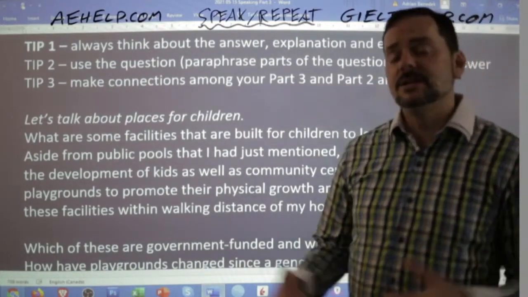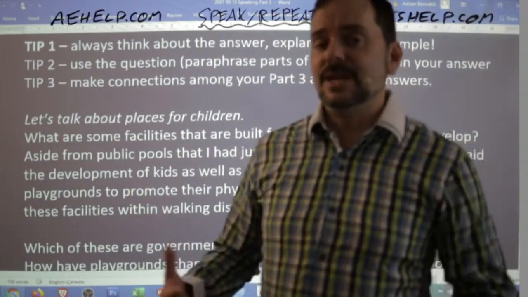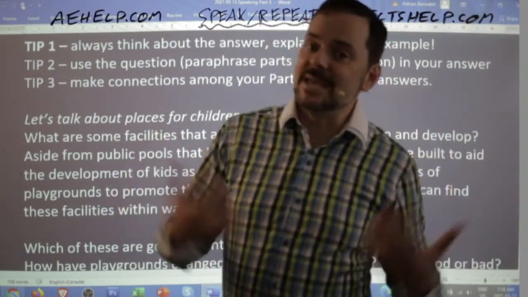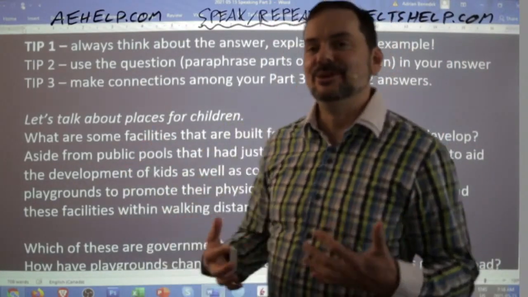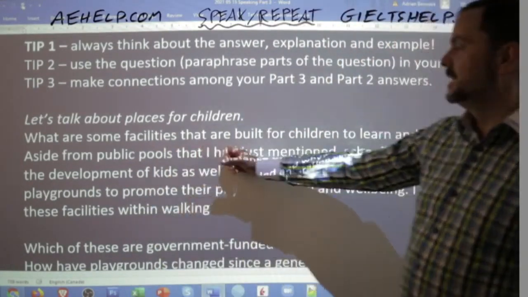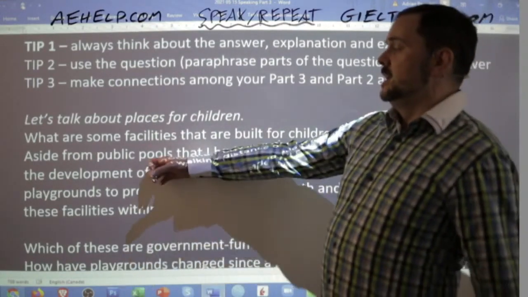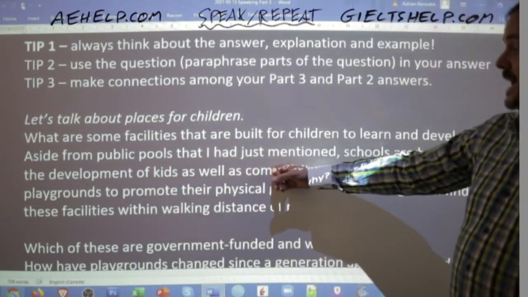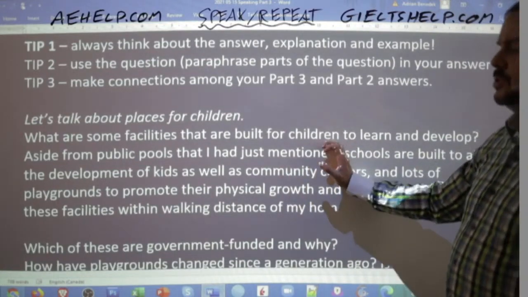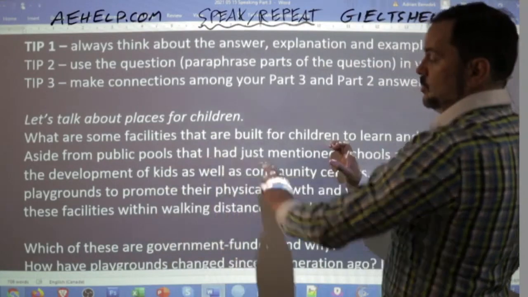So again, making connections, as I said, okay, making connections. So answer, explain, example, make connections to your part 2, okay? So repeat after me. What are some facilities that are built for children to learn and develop? Aside from public pools that I had just mentioned, notice this leading answer, aside from public pools that I had just mentioned.